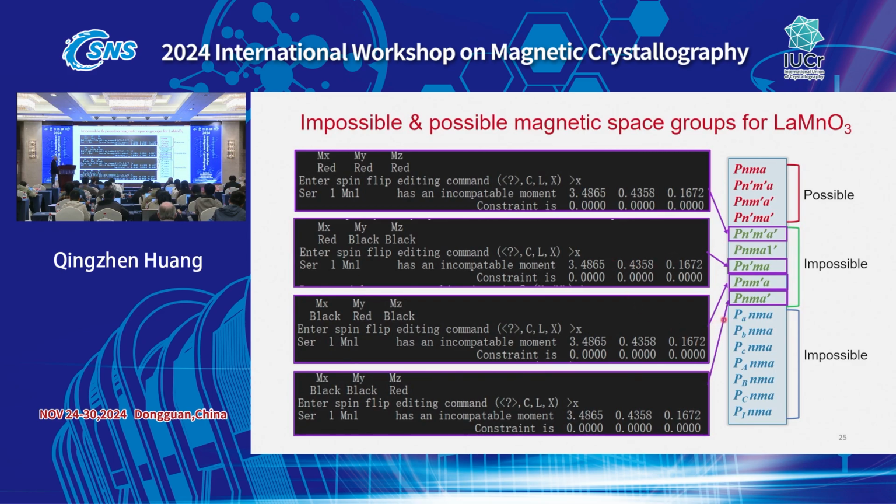And all of these space groups are also impossible because our magnetic structure does not have an antiferromagnetic lattice. We have a primitive lattice, so this is not possible.